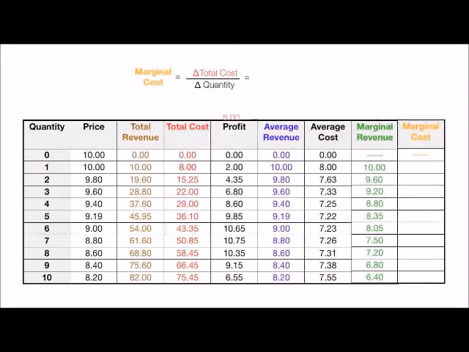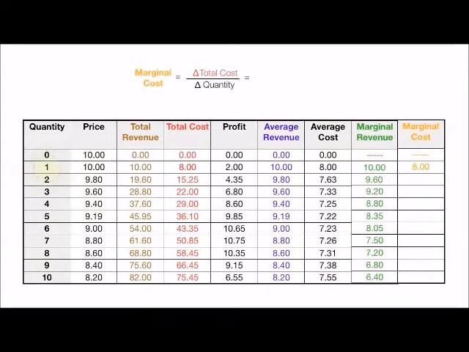So I take 8 minus 0, divided by 1 minus 0. This is equal to 8 divided by 1, and of course, this is equal to a marginal cost of 8.